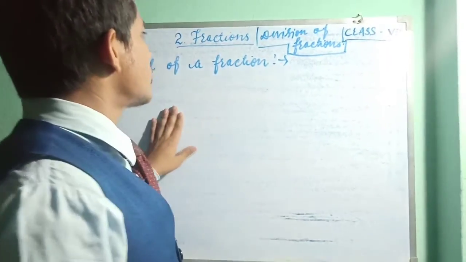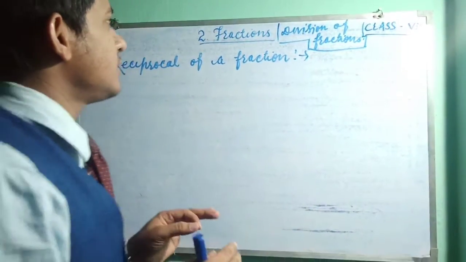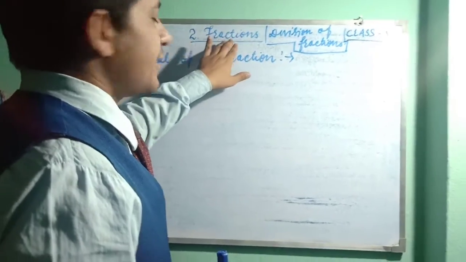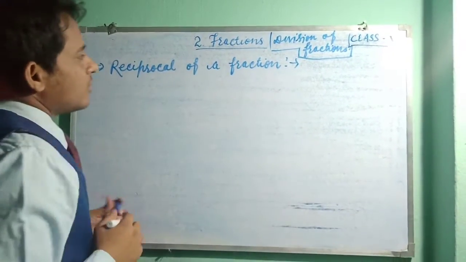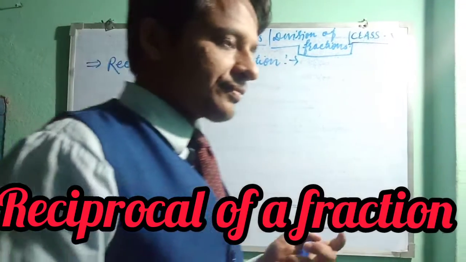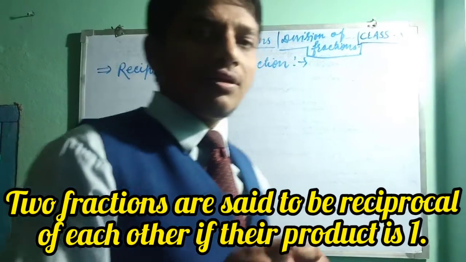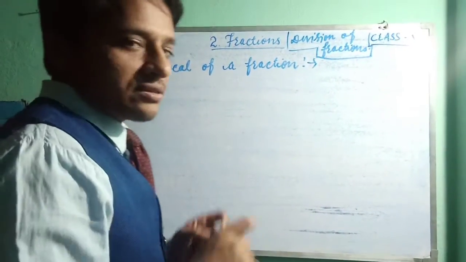Now guys, the next topic is division of fractions. This is a subtopic of the second topic, fractions. Okay, see, first point is reciprocal of a fraction. Two fractions are said to be reciprocal of each other if their product is 1.